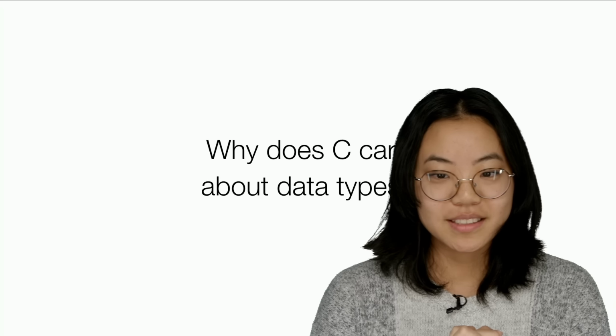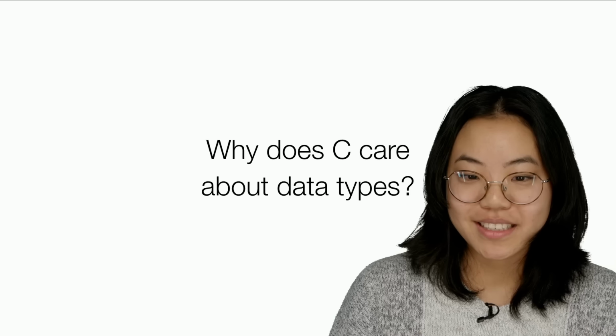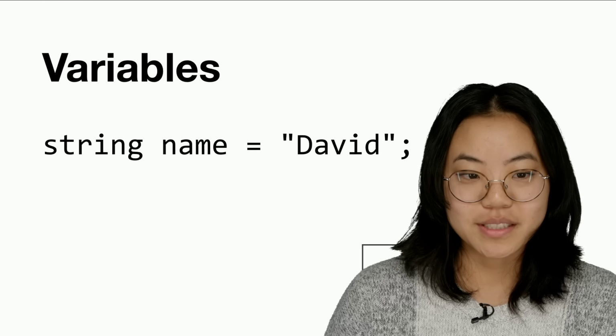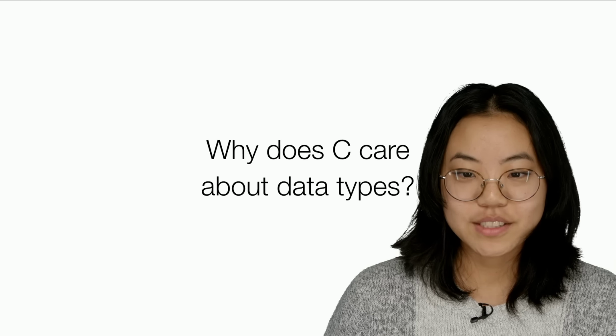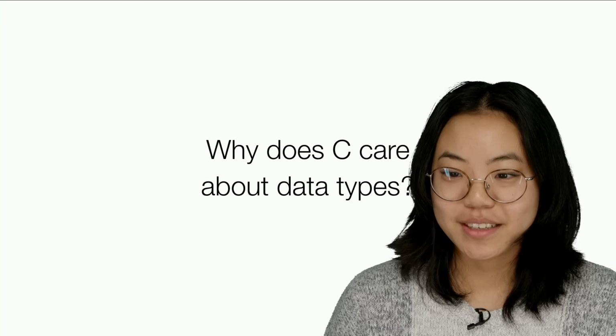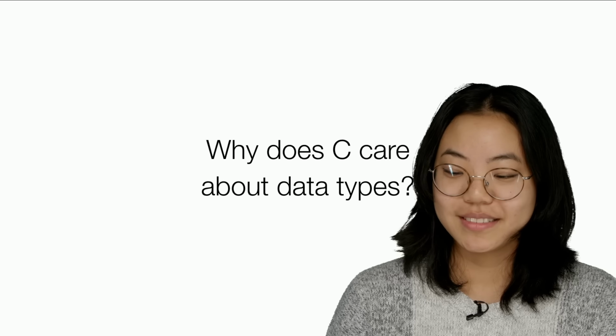So I first want to ask, you can take a second and think about this for yourself. Why does C care about data types? A data type, in this case, was a string. So we can think for a second, why do we need to even mention that it's a string? Why is that important? I'll give you a second to think about that.